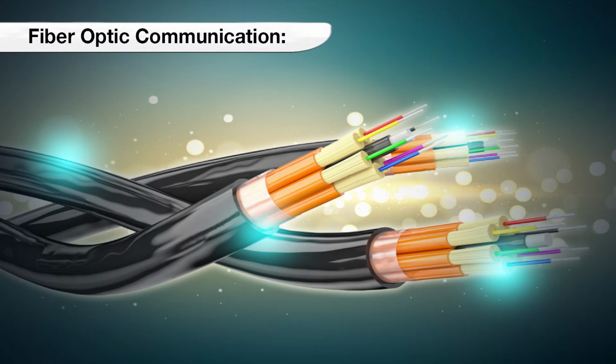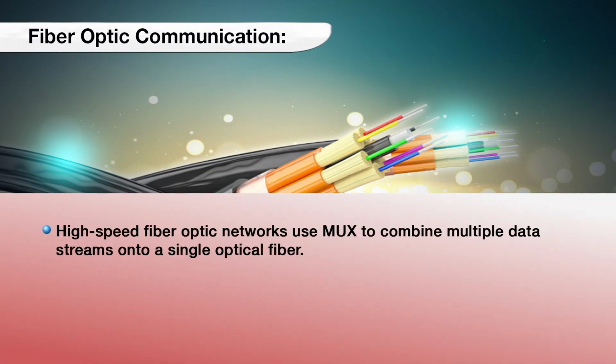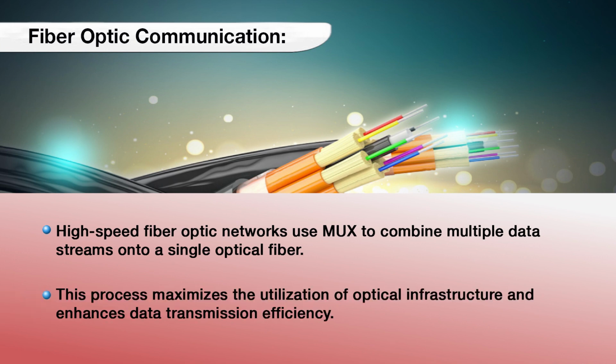Fiber optic communication. High-speed fiber optic networks use MUX to combine multiple data streams into a single optical fiber. This process minimizes the utilization of optical infrastructure and enhances data transmission efficiency.